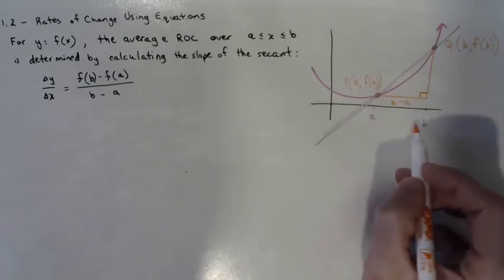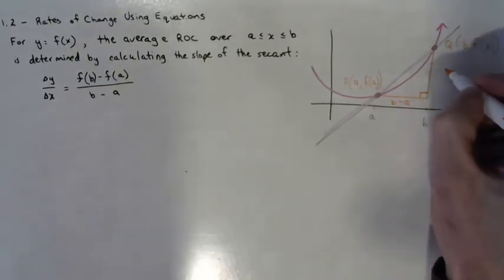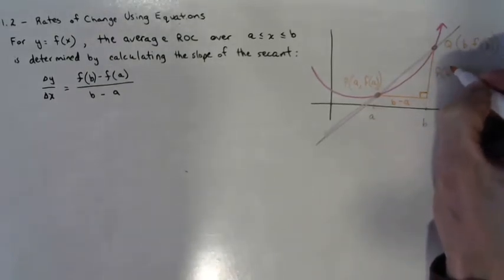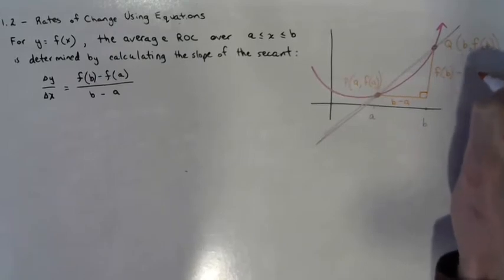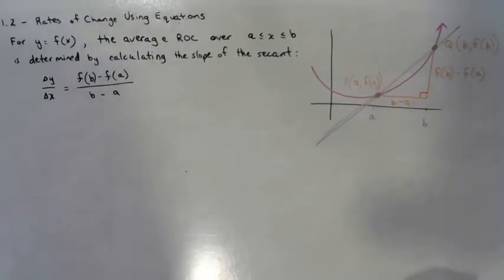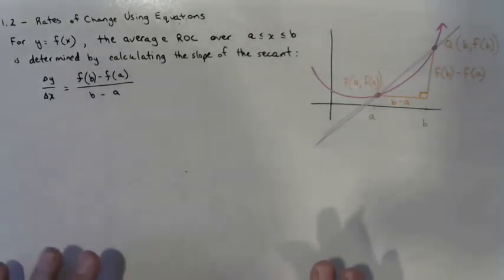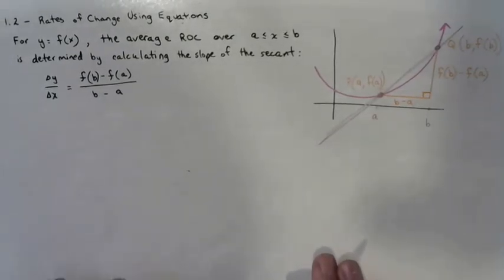It's the difference in our x values. And the length of this side is the value of the function at b minus the value of the function at a. All right, so this is a quick catch-up review of what it means to find the slope of a line and use that to calculate the average rate of change of a curve.